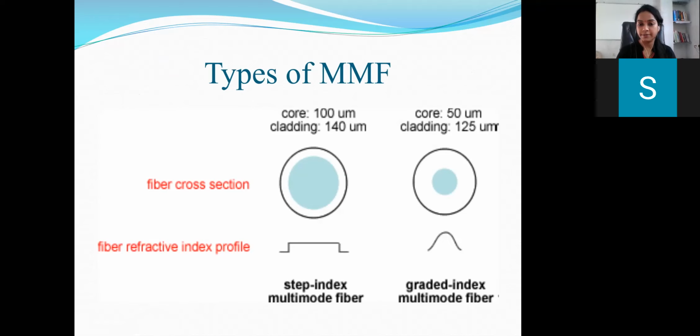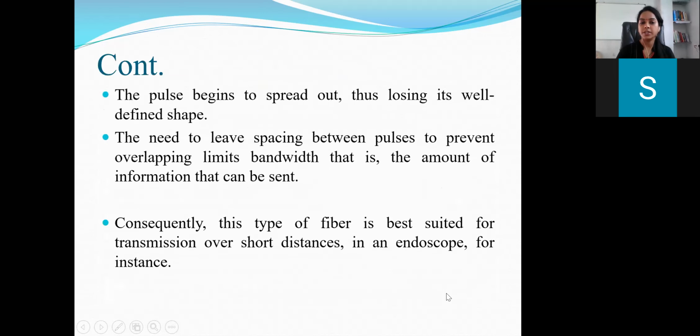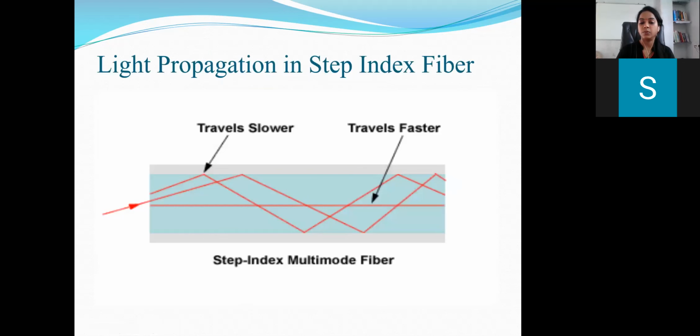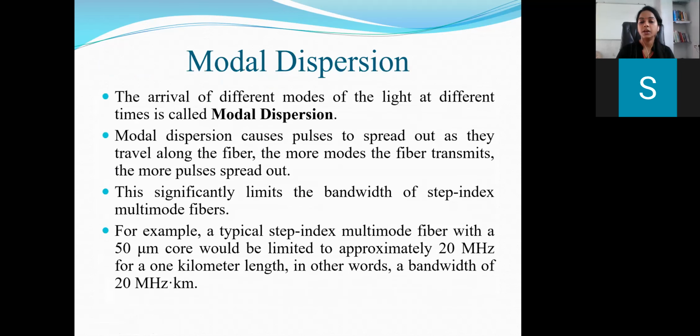Okay, so this is the difference: the core of the step index multimode fiber is larger, and the core diameter is very small in graded index multimode fiber. Now what is step index and what is modal dispersion, this is what we have seen in today's class.